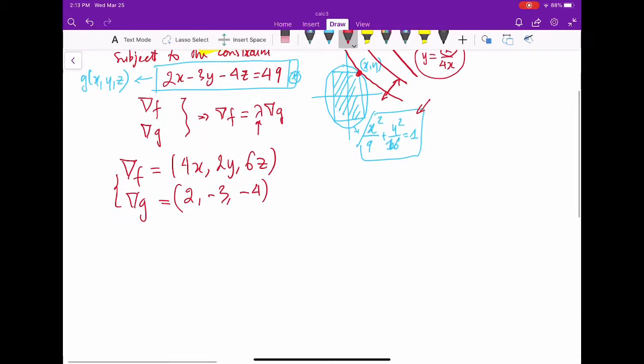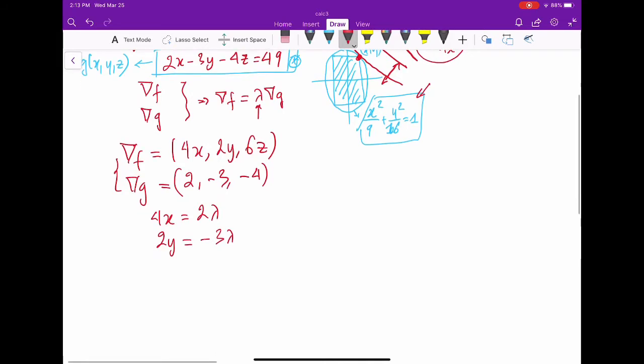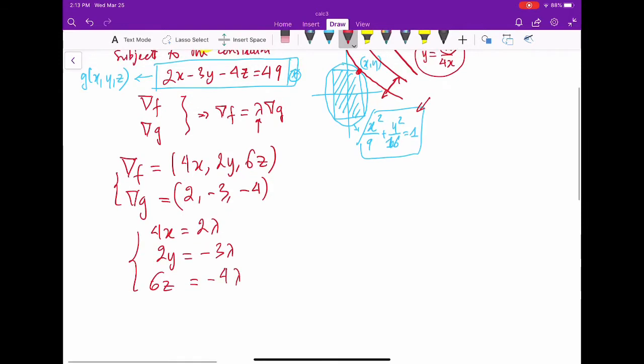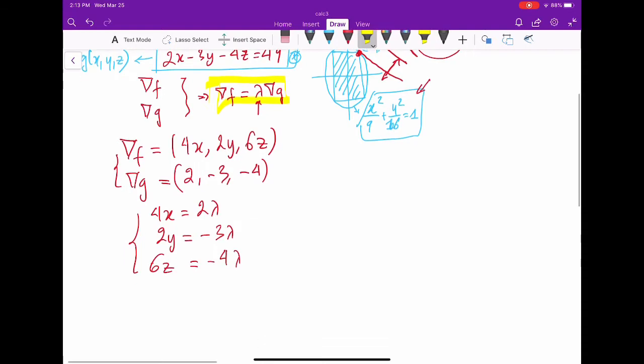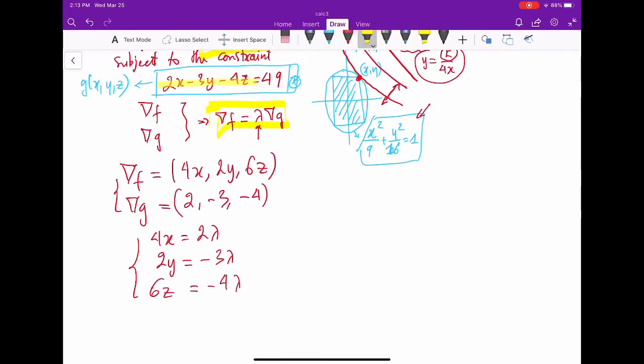From here I have 4x equal to 2 lambda, 2y equal to -3 lambda, and 6z equal to -4 lambda. That comes from this equation. Together with the constraint, we will solve a system of equations.